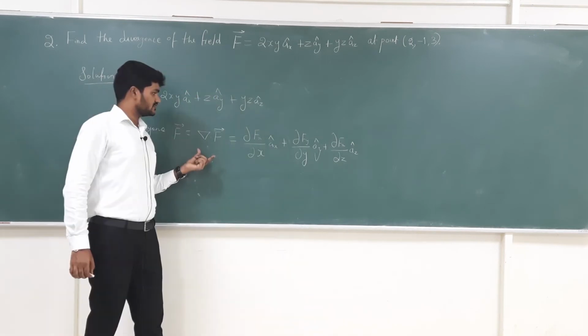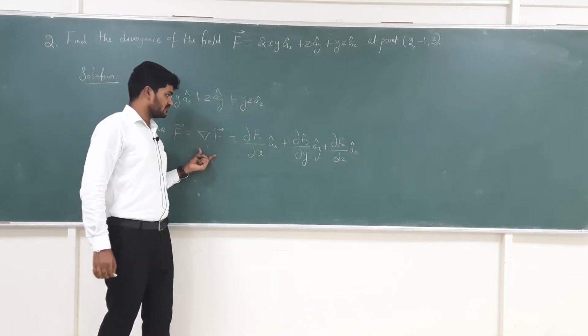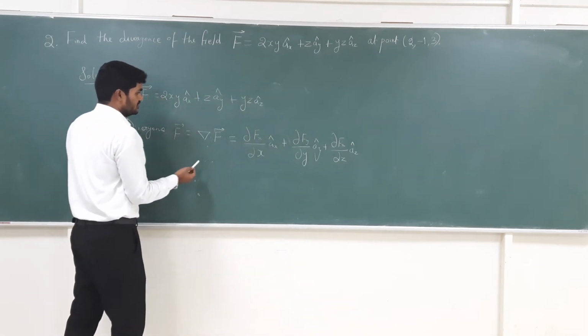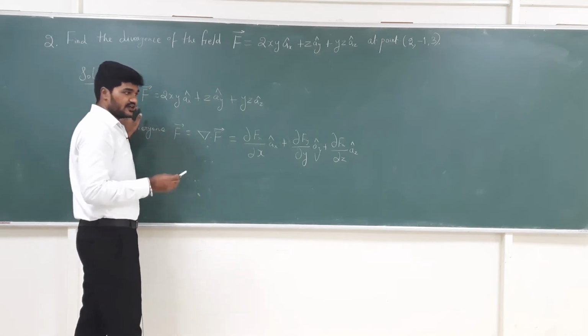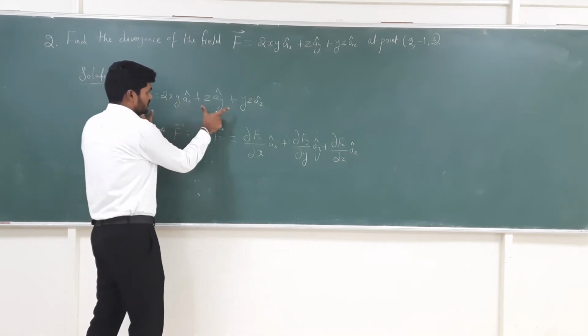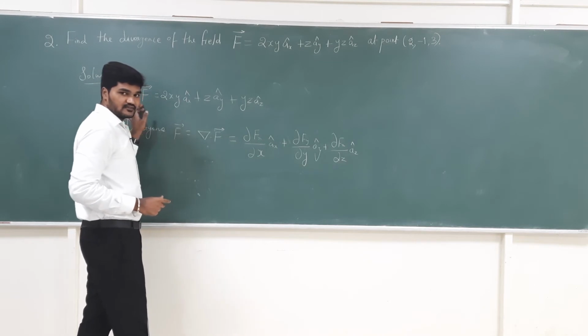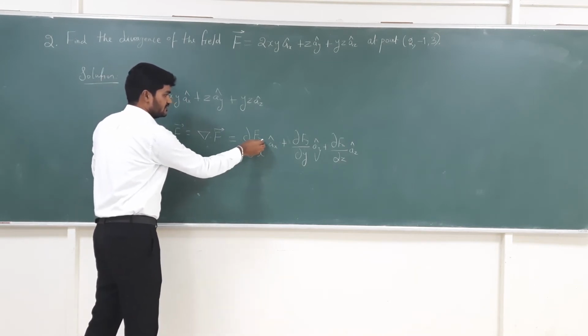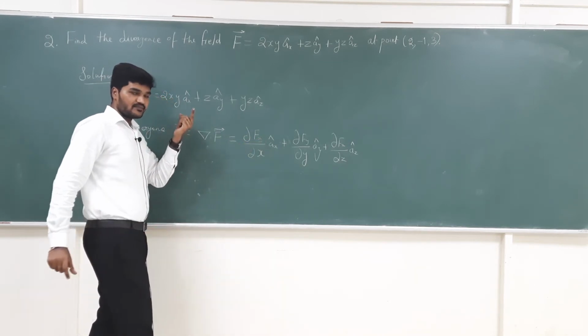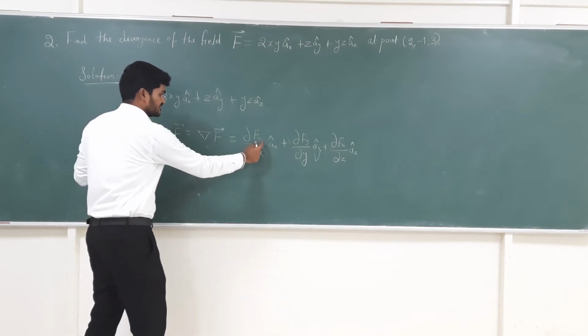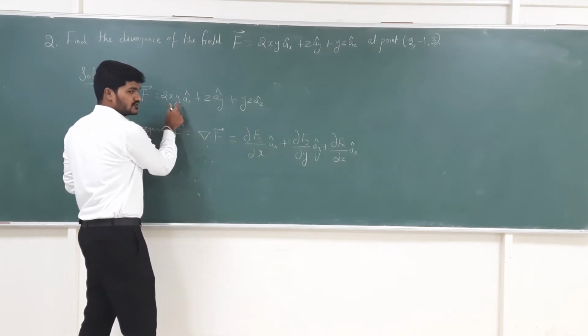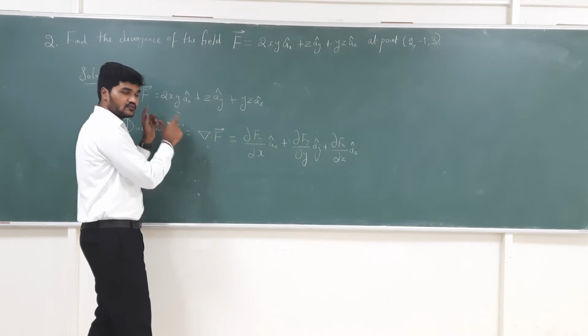Okay, this is the formula for divergence of the vector. Substitute the value of the F vector. In the previous problem, in gradient, we took the whole function as v, but here for F_x you take only the x direction magnitude. This x direction magnitude is 2xy. No need to substitute the whole term.